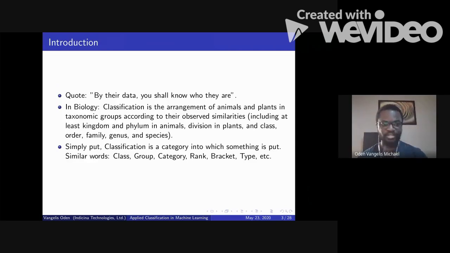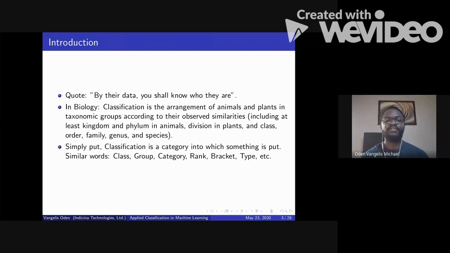So, an introduction. A quote: "By their data, you shall know who they are." In biology, classification is simply the arrangement of animals and plants in groups based on their observed similarities. This includes the kingdom that the animal belongs to. For instance, cats and lions belong to the same kingdom, but they're separate entities, each on their own.